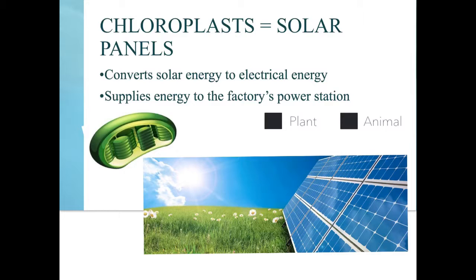Just like a solar panel, chloroplasts in a plant cell take the sunlight and convert it into energy for the plant to use in the form of glucose and later on ATP, which is the energy molecule of the cell. Animals are not able to use sunlight for energy. So right now, plants have a little bit more on us, like solar panels, to be able to take energy from the sun and convert it into usable energy.